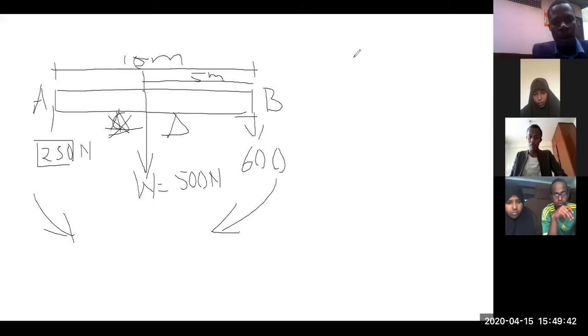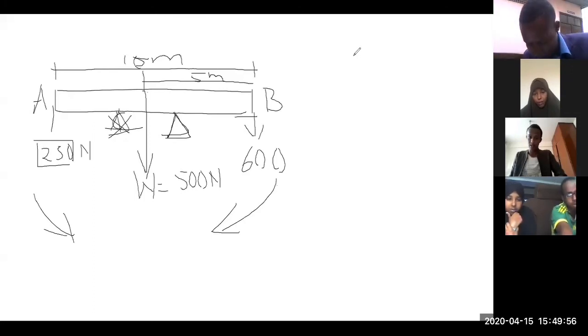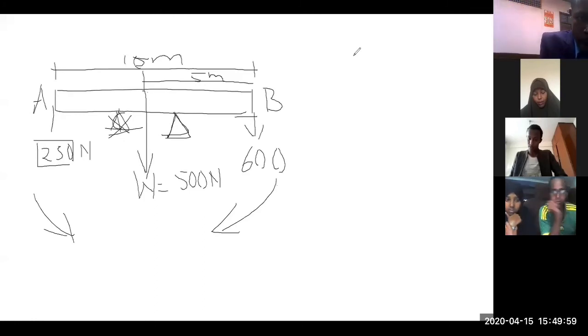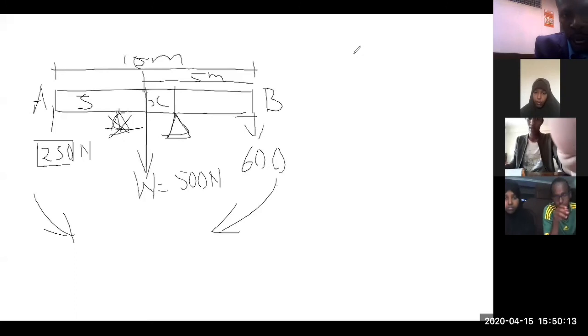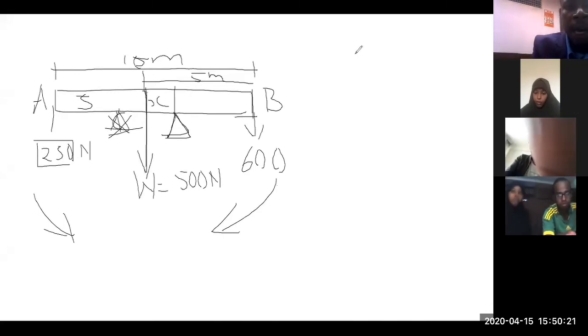Once you have your pivot at this point, which we don't know exactly where, we are being asked to determine the distance from point A. So if we take from where the weight is acting up to where we have placed our pivot to be X, then we know this is 5 meters, this is X meters, and from the pivot up to the end, from here up to there was 5, and already we have taken X from 5.